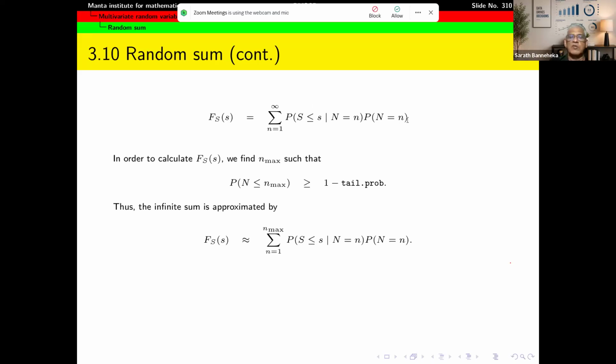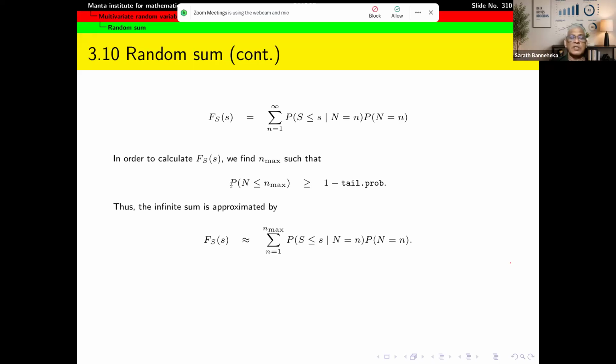So we are going to consider all those n values so that n less than or equal to simple n max will be a high value. Therefore, the probability that N greater than n max will be a very, very negligible amount. So therefore, I'm going to consider a certain small tail probability like 0.00001.